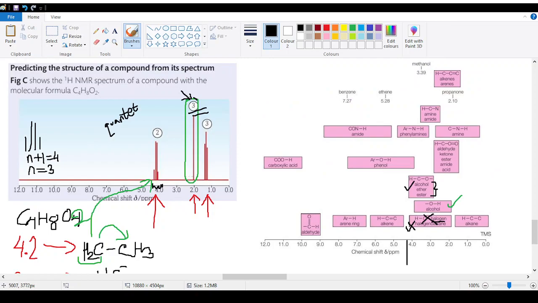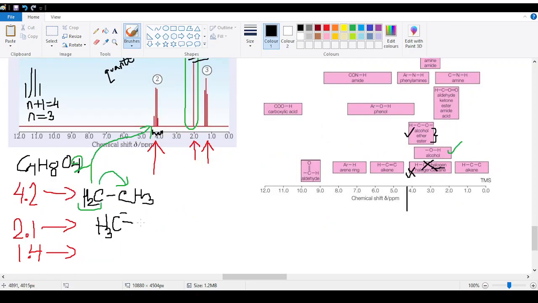And since there is no splitting pattern, this carbon must have a neighboring OH group, perhaps. Maybe it was joined to a C-OH group, or it could also mean that it's joined with a carbon that is joined with oxygen, because this doesn't have any hydrogen. That means the neighboring carbon doesn't have any hydrogen. That's the situation.